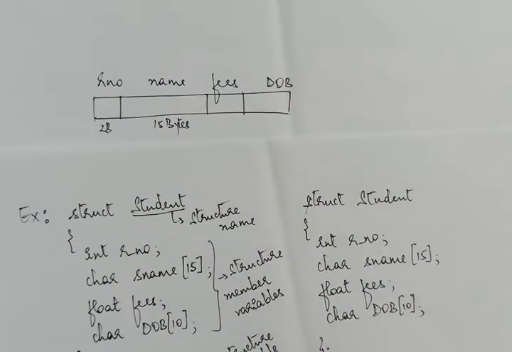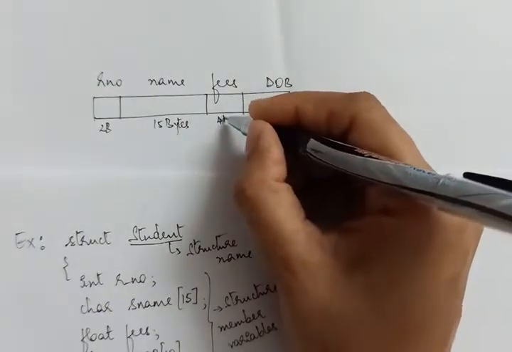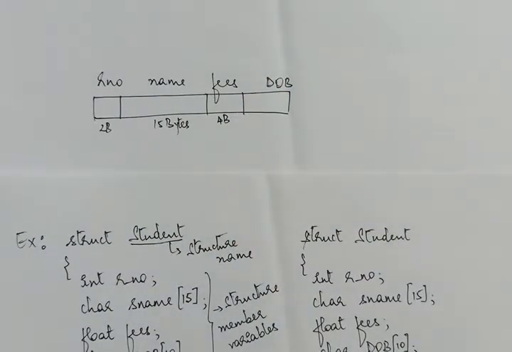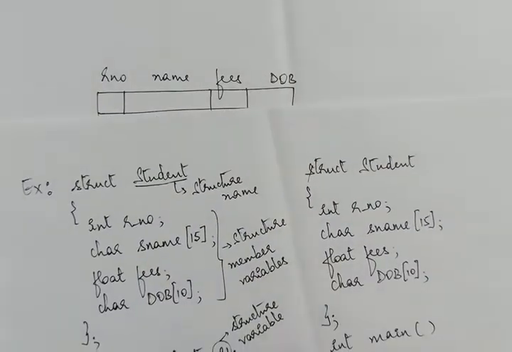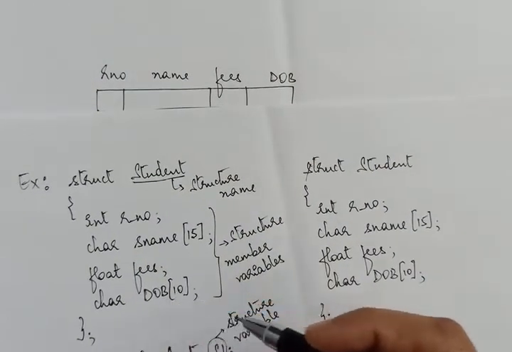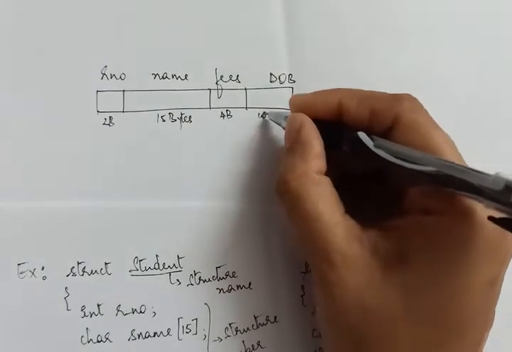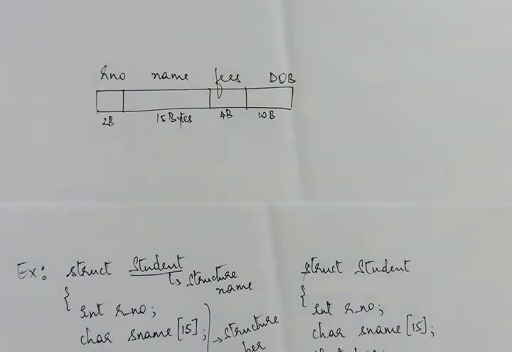And for fees it is float, so 4 bytes get reserved. And DOB is again character, and it can hold 10 characters, so 10 bytes get allocated to this.